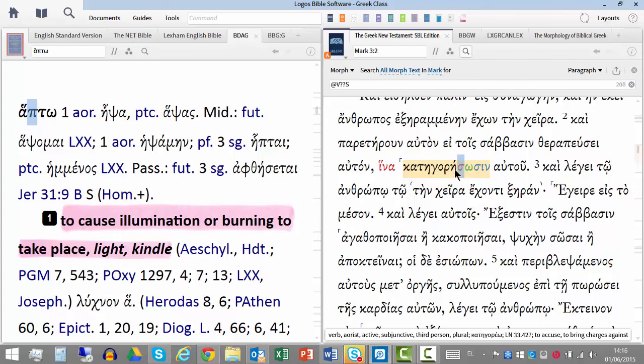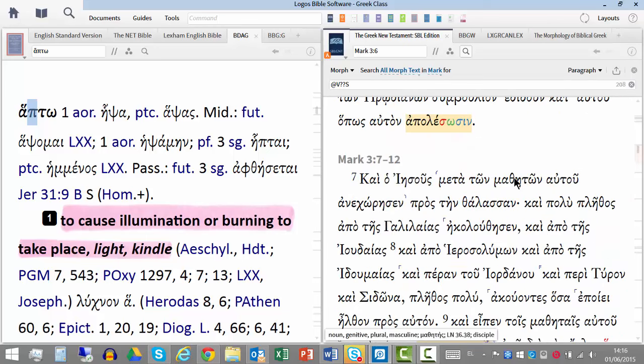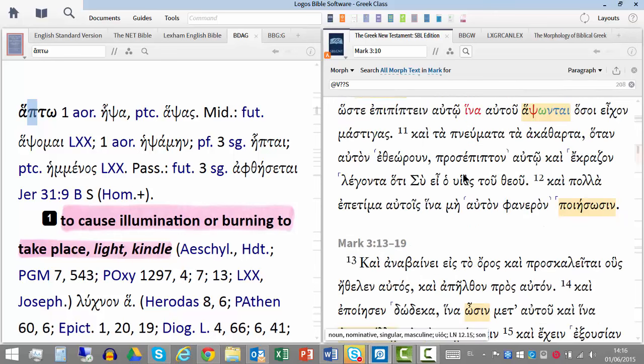Kategoresosin, totally regular. It's an epsilon contract, so the stem vowel lengthens to eta. Then we've got sigma plus omega. There's our so, and sin we know is third person plural. Apolesosin, we don't know it, but actually we can parse it even though we don't know that form yet. Hapsontai, we saw that the root was hap.